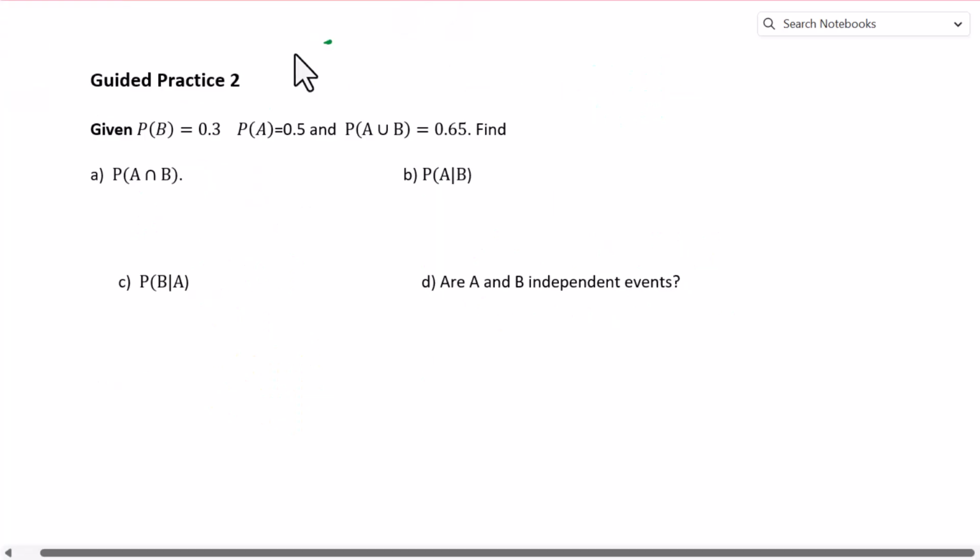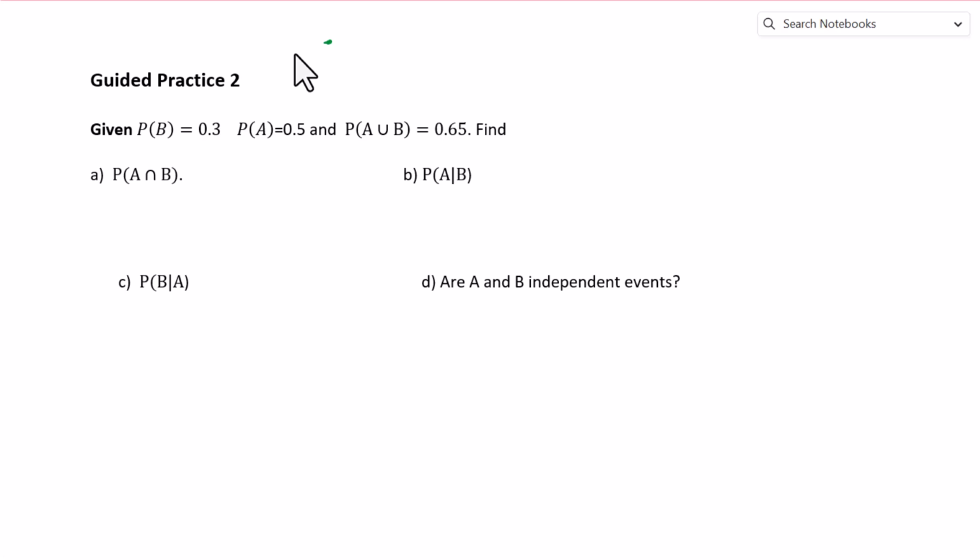Let's go to guided practice 2. Given probability of B equals 0.3, P of A equals 0.5 and P of A union B equals 0.65.